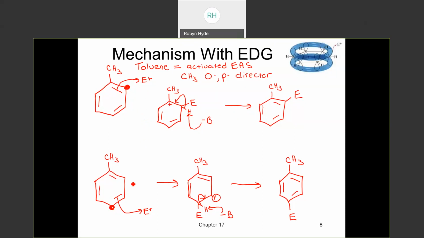Notice that the carbocations that I can form when I do this ortho-para chemistry are really nicely stable cations. Remember, there's a 1-3-5 relationship, and so I have cation here, and then if I were to draw all three sigma complexes, this would be the locations of all the cations.